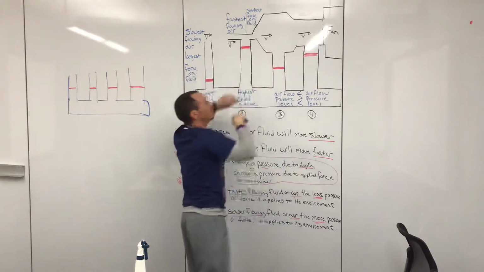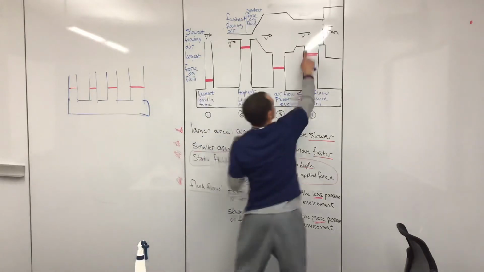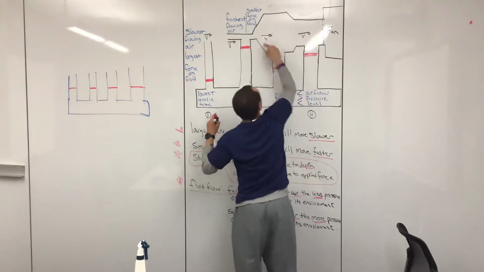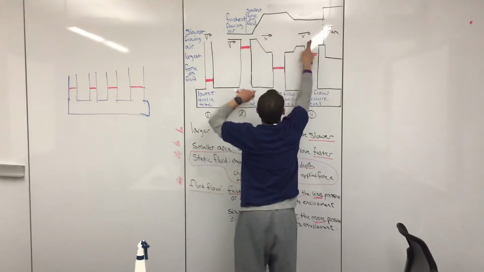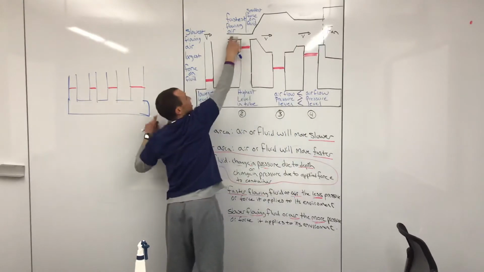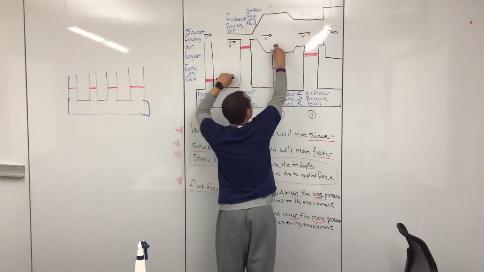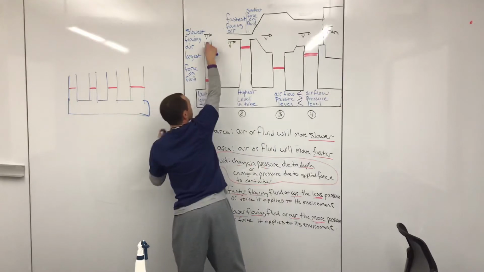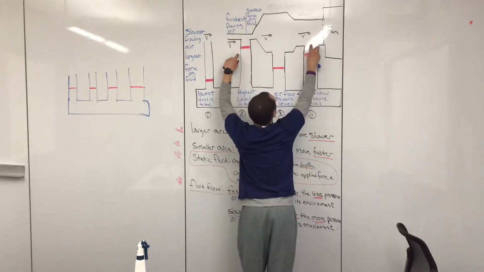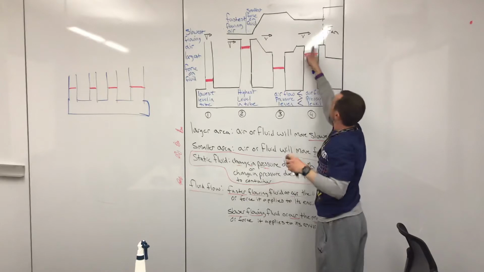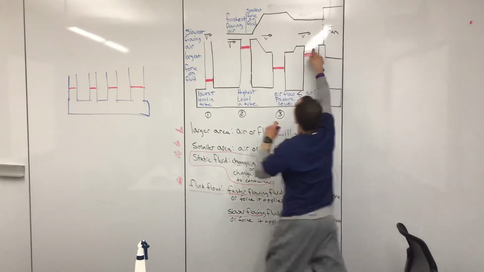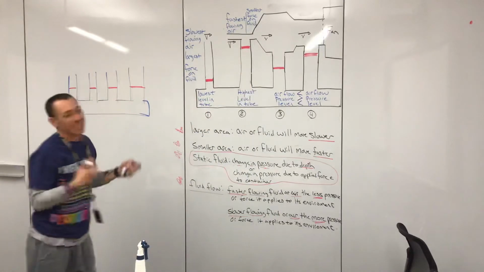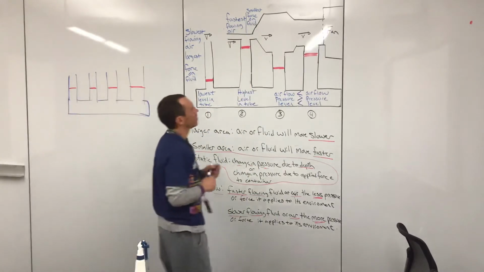The air above this tube will be moving faster than the air above this tube, but slower than these two. And the air above this tube will be moving faster than these two, but slower than this one, okay? Because it's kind of hard to describe these in terms of tubes.